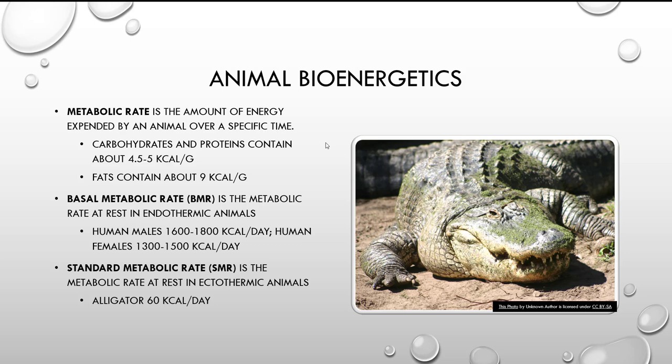For human males, it takes about 1,600 to 1,800 kilocalories per day just to maintain your normal body. That's breathing, blood circulating, things like that, just at rest. So your body burns about that amount just doing its everyday activity.